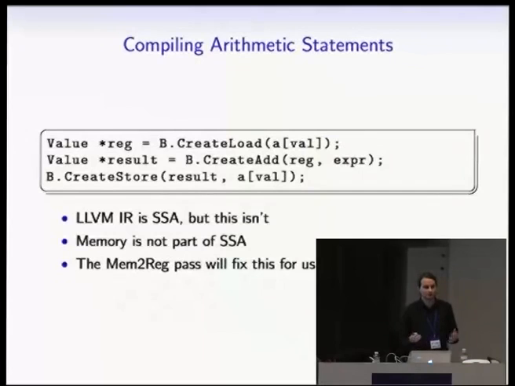Implementing all of the arithmetic operations that this toy language supports, which are, I think, six of them, there's also a min and a max, they're all basically like this. And again, we're not caring here that LLVM is static single assignment because we're just loading it from the stack, doing the operation, and then storing it.